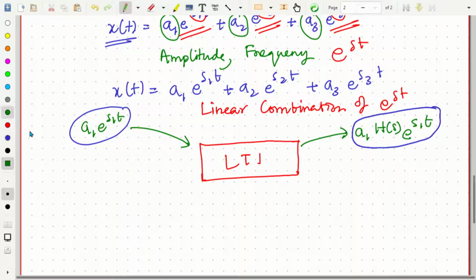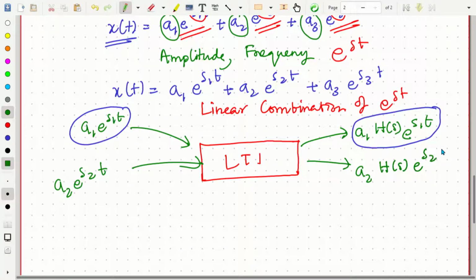Now in another experiment, if I give a2 e power s2t into the system, what will I get from the system? I will get a2 into h of s into e power s2t. Because of the eigenfunction property, you will get the same e power s2t in the output, right?